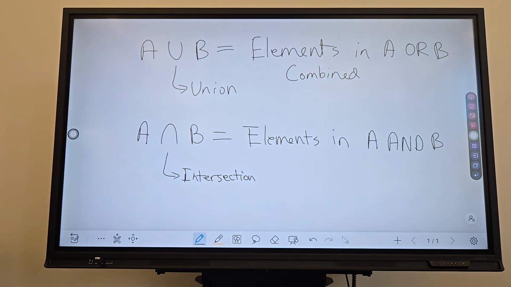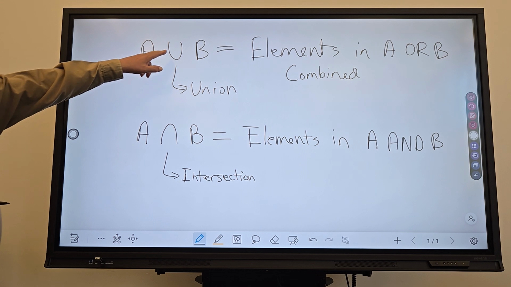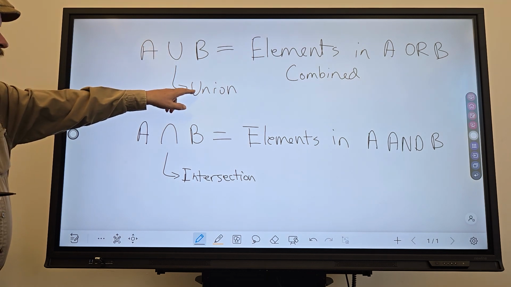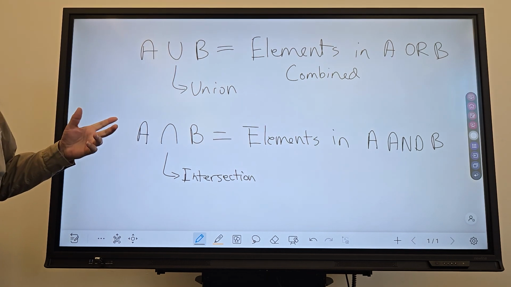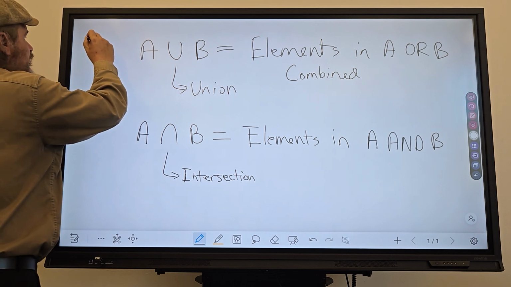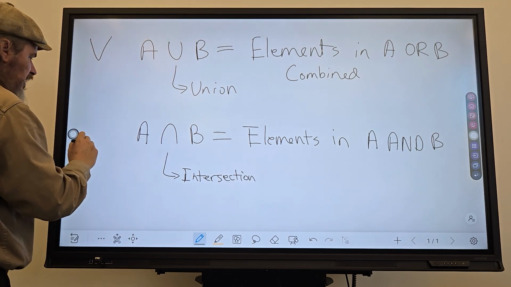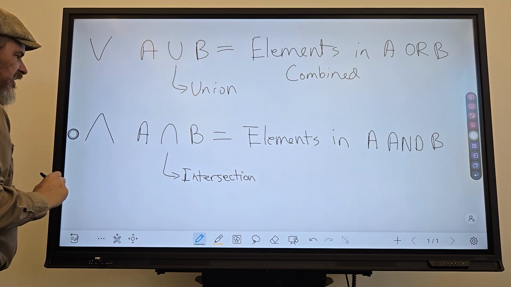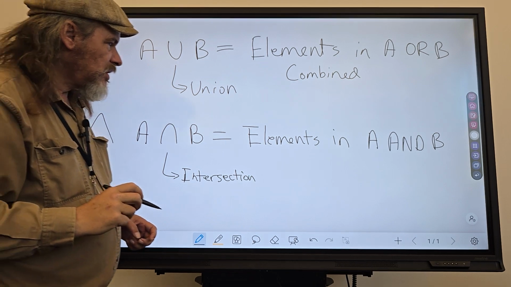Now, the easy way to remember this is the U shape for union, and the other one is the intersection. Going back to the beginning of the semester with the ands and ors, the or symbol was the V-ish symbol, and the opposite was the and symbol.